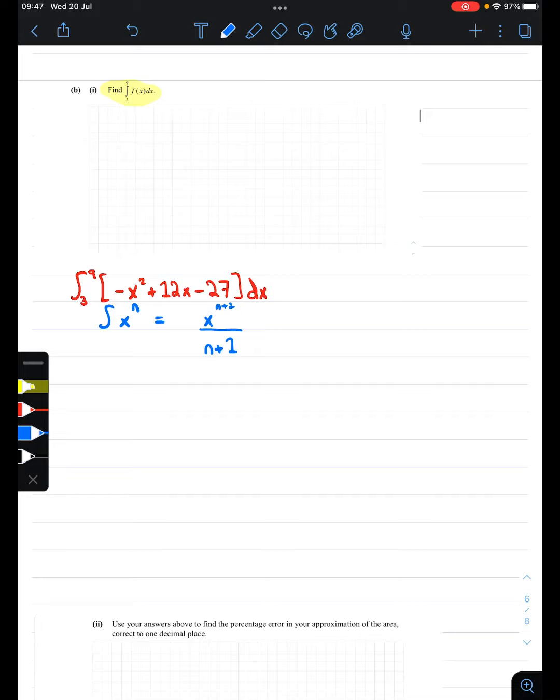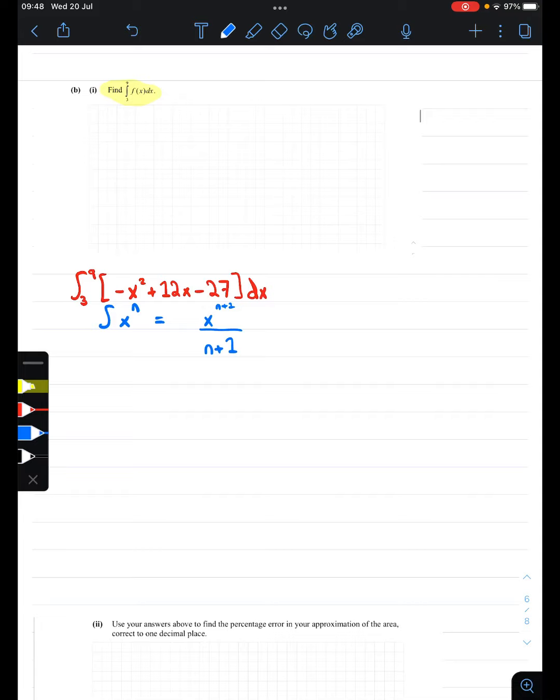If we differentiate this thing, we would get x to the n, reduce the power by 1, and then multiply by the power over n plus 1 multiplied by n plus 1, which would be just x to the n, because the n plus 1s would cancel. So we have this rule, okay?